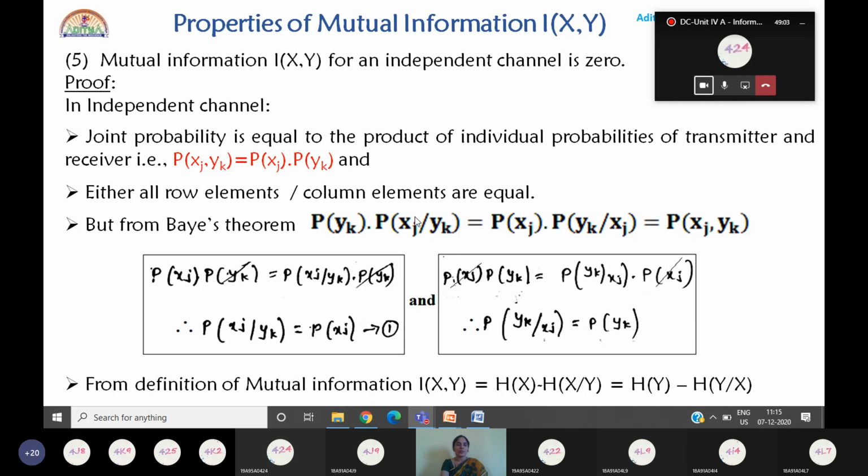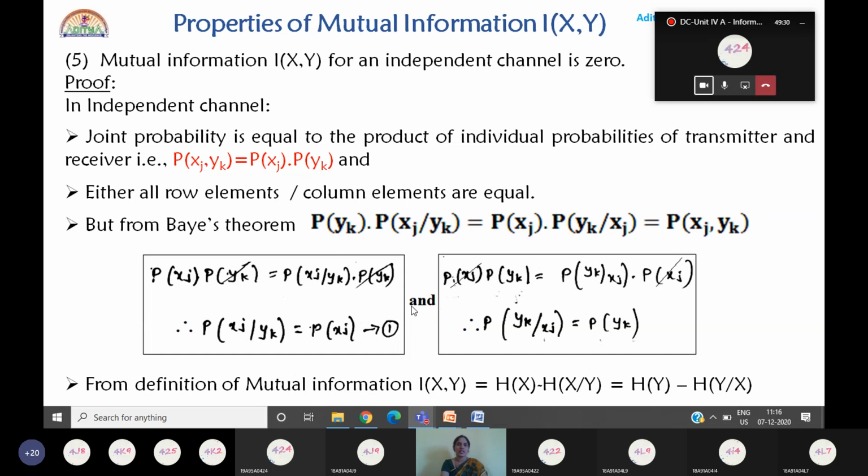So P of xj into P of yk is equal to the first term, P of yk into P of xj by yk, or P of xj by yk into P of yk. And P of xj into P of yk is equal to P of yk by xj into P of xj.